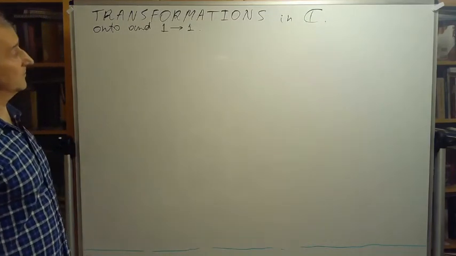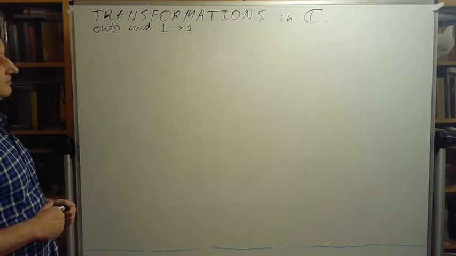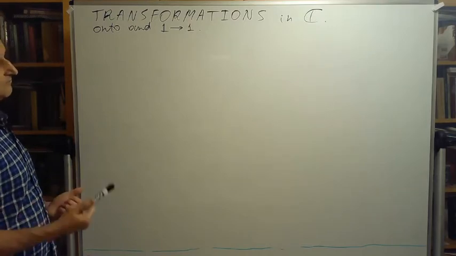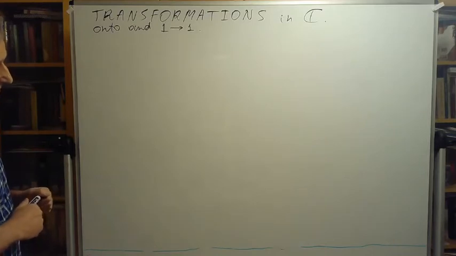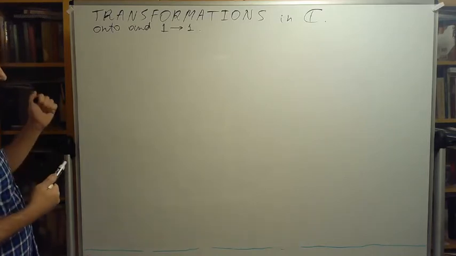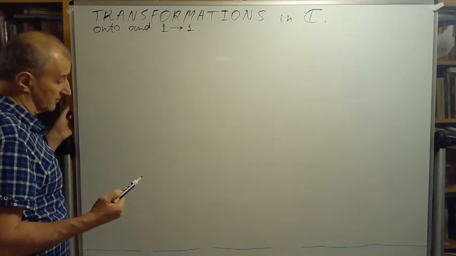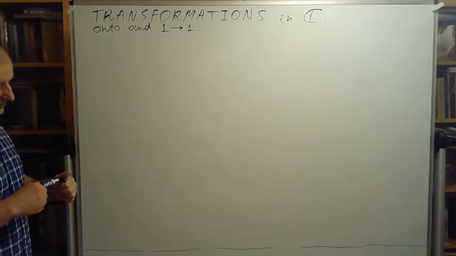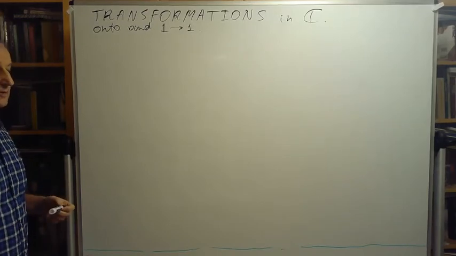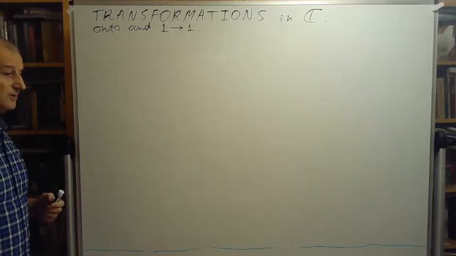So, what kind of transformations will we consider? We will consider specific, what we can call geometrical transformations and compositions of these transformations, because of various groups of transformations. We have already met the notion of a group in elementary geometry.